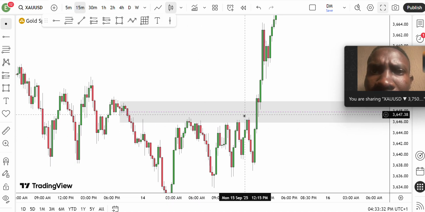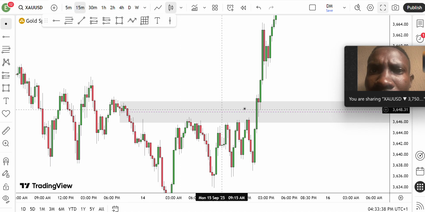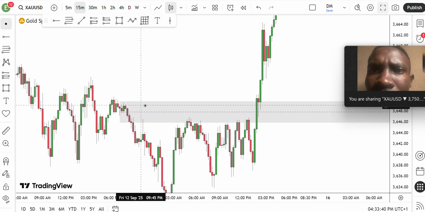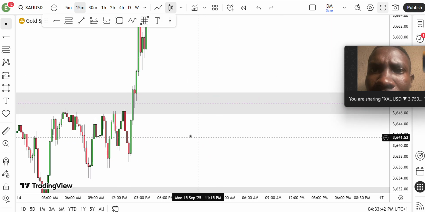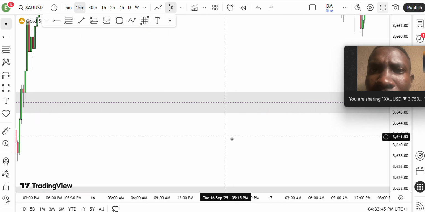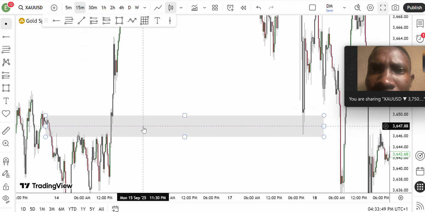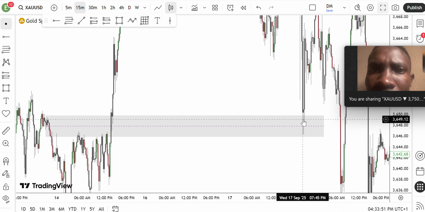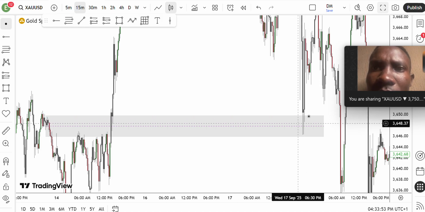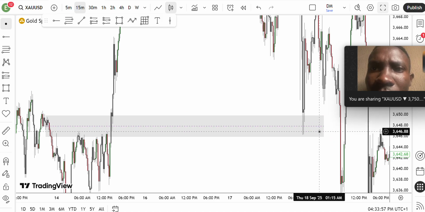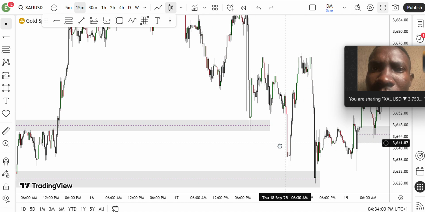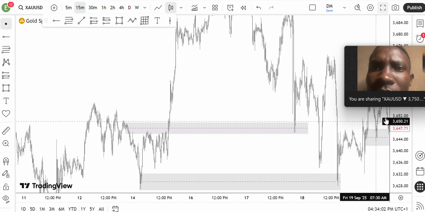There was rejection, rejection, rejection everywhere, and the price broke through that supply. So this supply that we have, we can now draw it out to extend, and we can use it as a breaker block. Why? That was the block that was broken. So we will now use that same block as demand. Price can enter inside there. And that is just what a breaker block is.